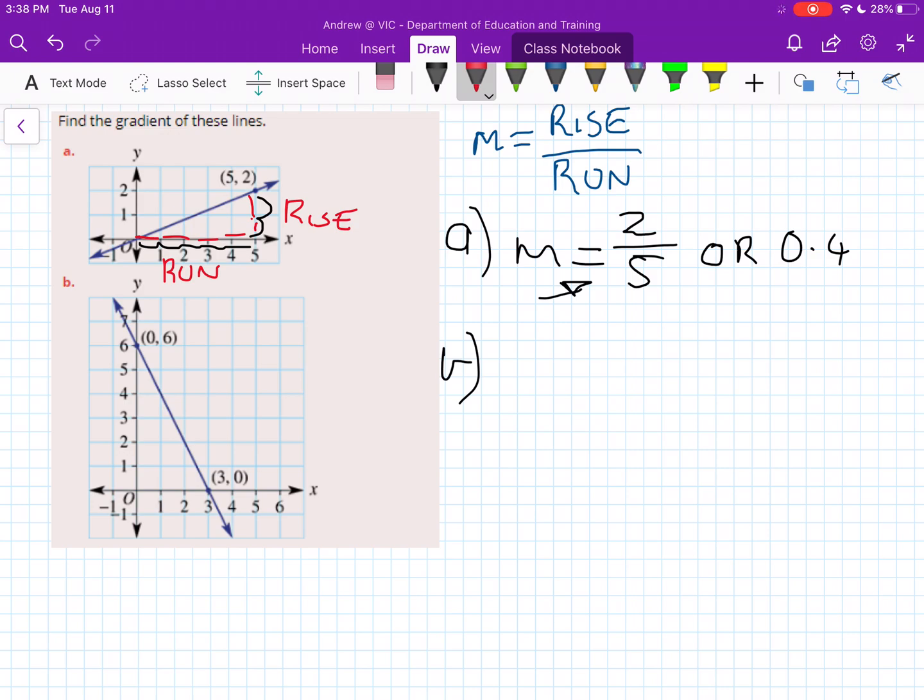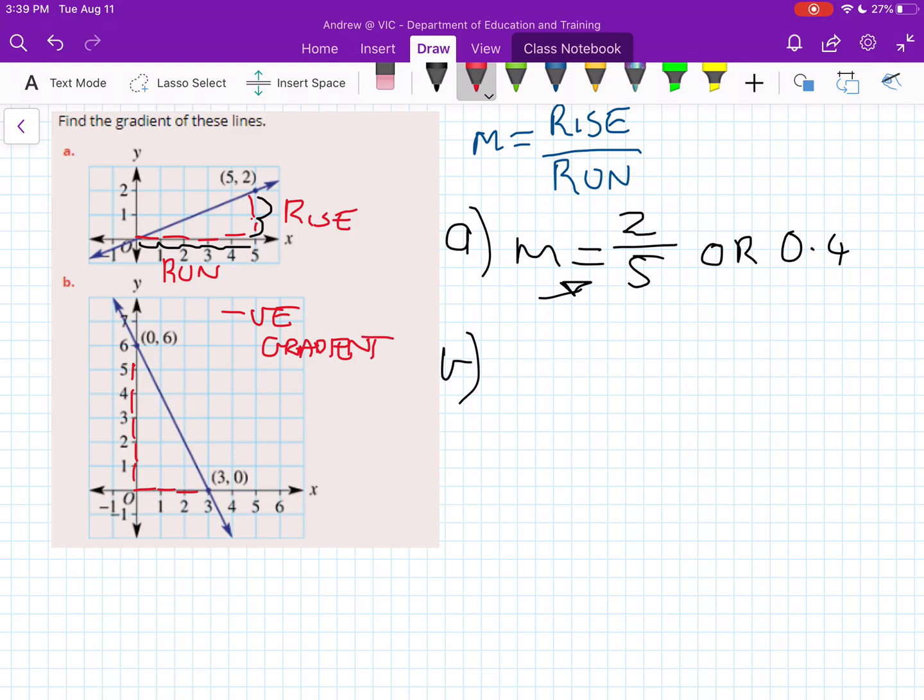So we're looking from left to right on our graph, and you'll notice here that this one's going down left to right. So just remember, this has to be a negative gradient, because it's going down left to right.